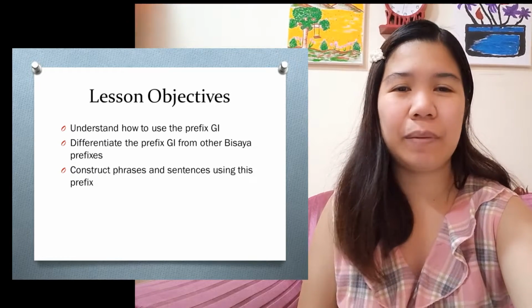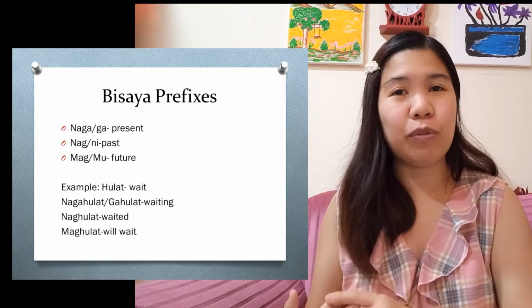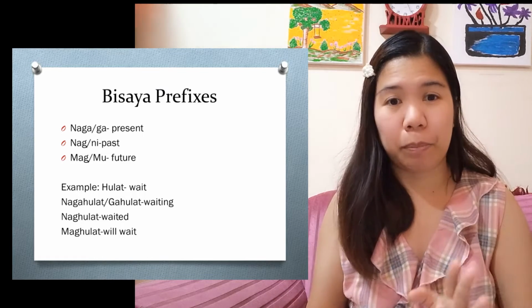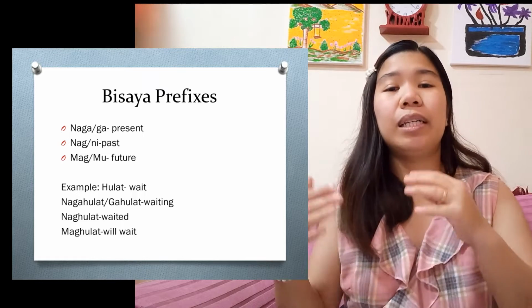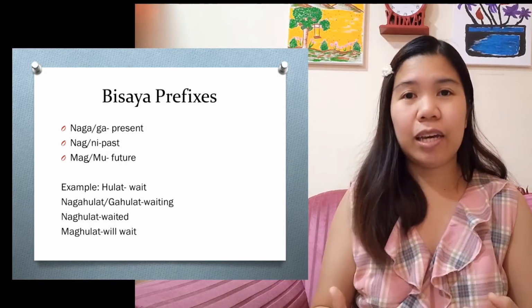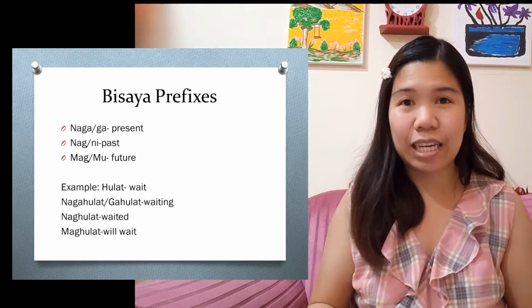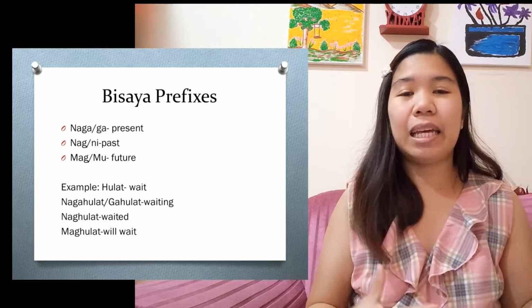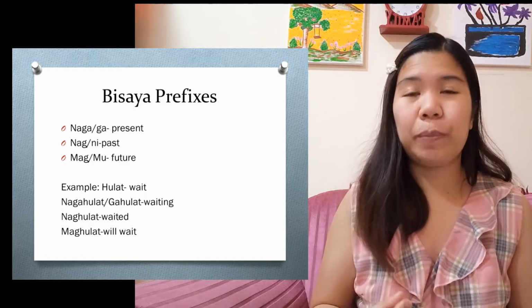Now, if you watch my previous lesson, you will remember that I taught you these prefixes. So we have naga or ga for present, nag or ni for past, and then mag or mu for the future.